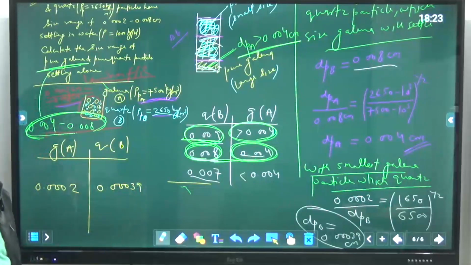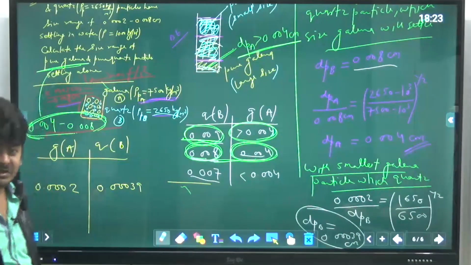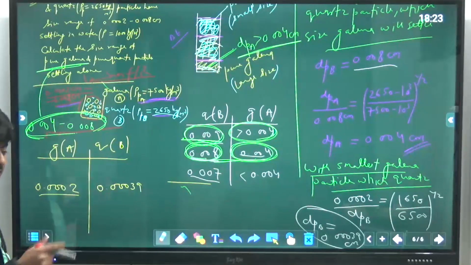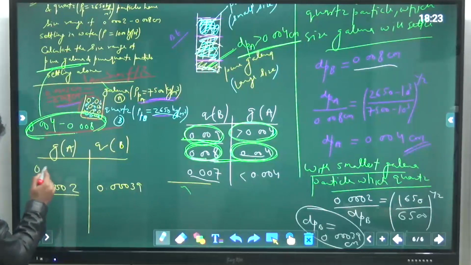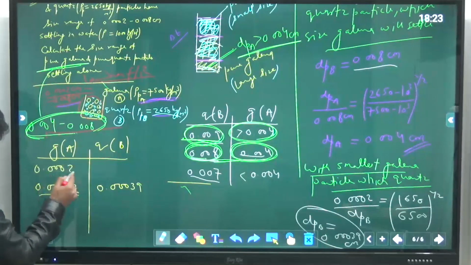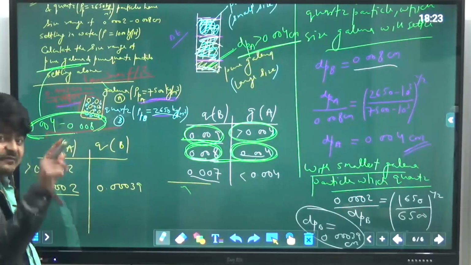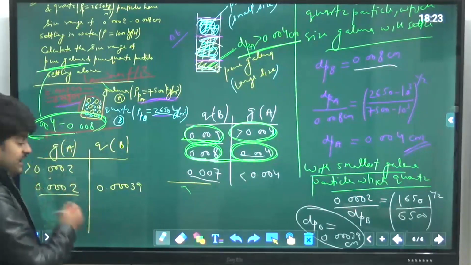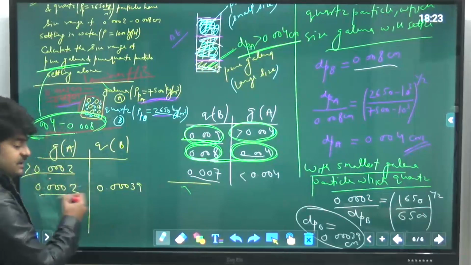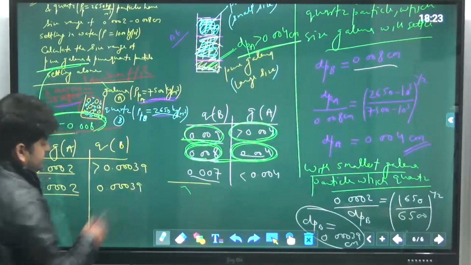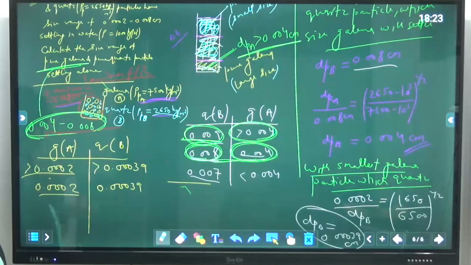Means if I use a galena particle of size more than this, the quartz particle with the same velocity will be larger than this.